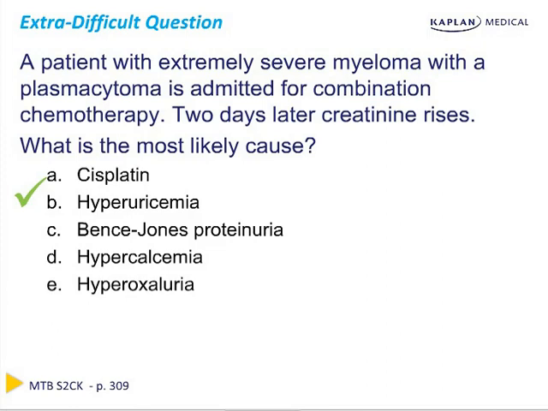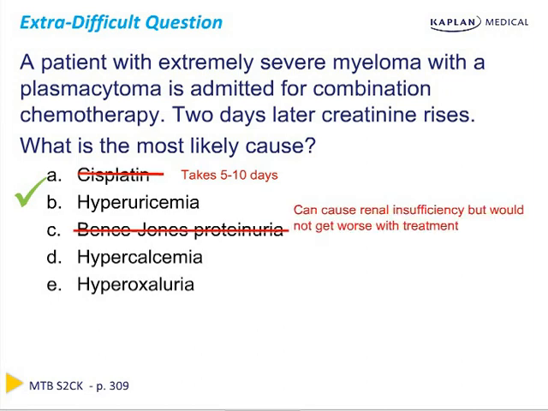So why are the other answer choices wrong? Cisplatin is wrong because, like most drugs, it takes 5 to 10 days of exposure for it to cause a toxin-related ATN. Bence-Jones proteinuria and hypercalcemia can both lead to kidney damage, but there's really no reason that both of these should get worse 2 days after starting treatment.